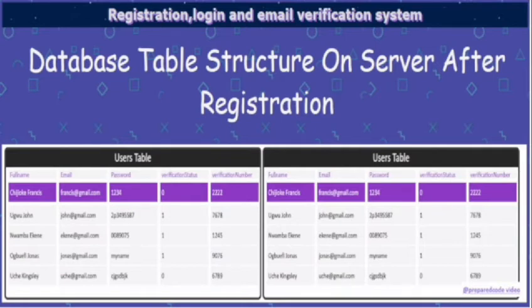Before they send those numbers to your phone or to your email, they have a column where they store those numbers, and this column is in the same row as all the information you entered on that system. So as you can see now, we have the Chijioke Francis, we have the email, we have the password according to how we entered this information here.